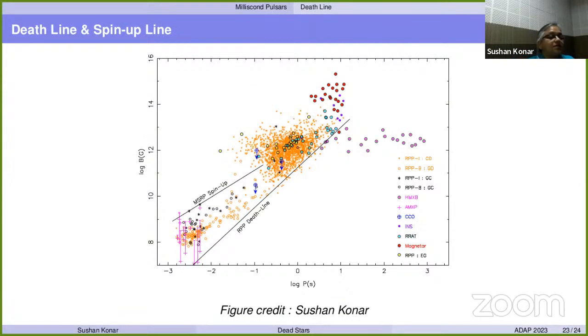Now, if you look at this picture a little more carefully, what you see is this death line. This is an older picture. Yesterday I was showing two death lines. This is the upper death line, and you see quite a few below that.